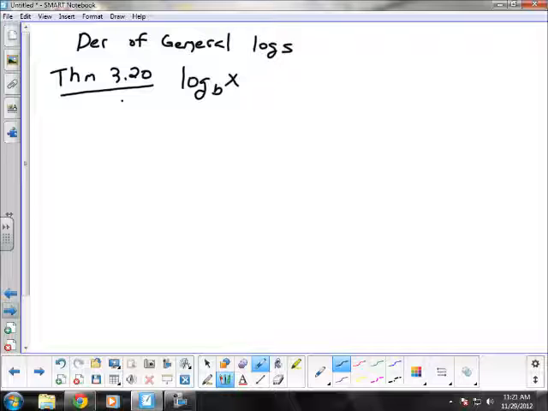But since they work the same, right? Have you remembered that all logs kind of work the same as ln's before with our other properties? Then it's probably true that these are going to work very close to the same.